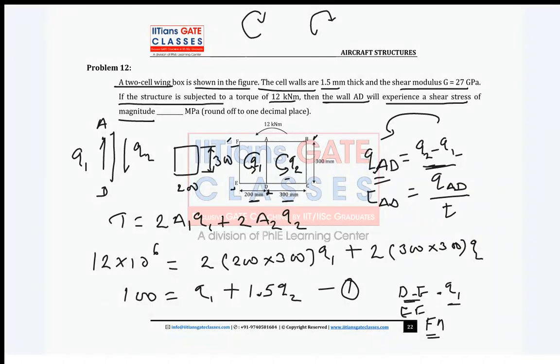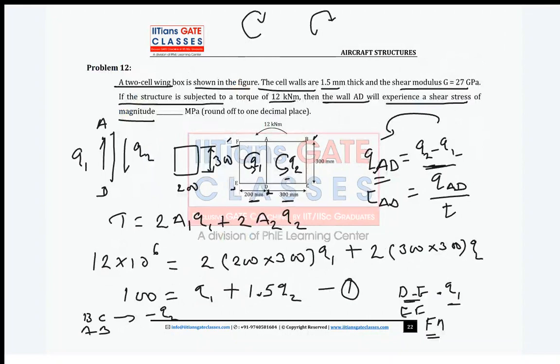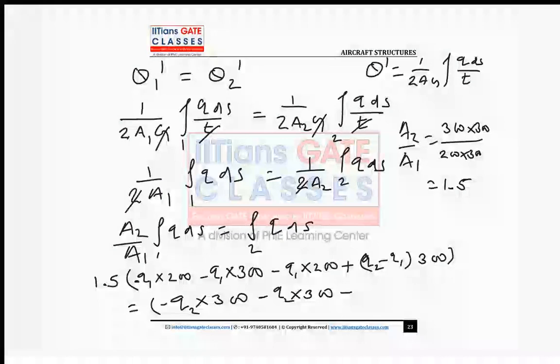Minus Q2, right? Same as AB, so you can write minus Q2 into 300. Then C to D, again minus Q2 into 300.